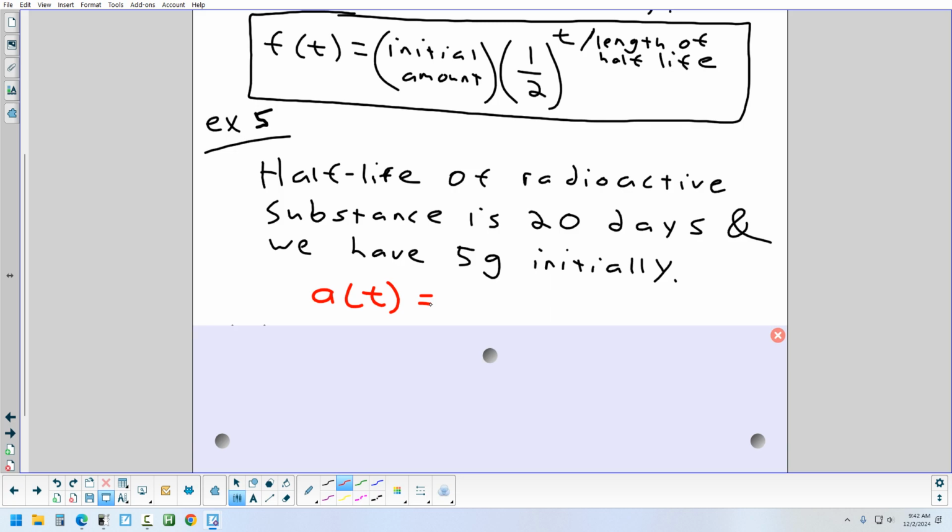What's going to come right after the equal sign in this problem? 5. 5, that's the initial amount. And I did not give you a percentage, but I told you it was a half-life problem, so you need to know what goes in parentheses. 1/2, yep. And what's going to be my exponent?